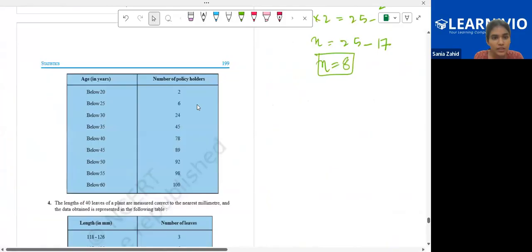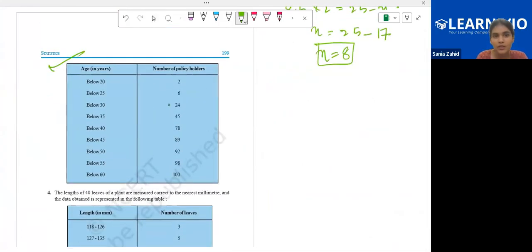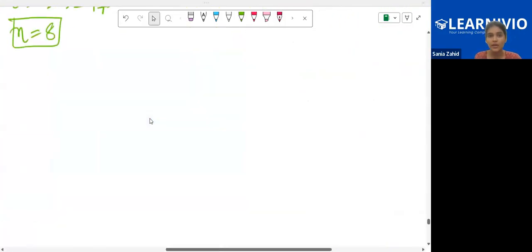I want to give this question as your homework because this is an important question. First, you have to convert it. So I'll just explain it to you briefly. Okay, look here.